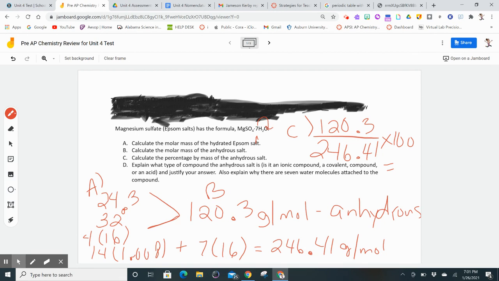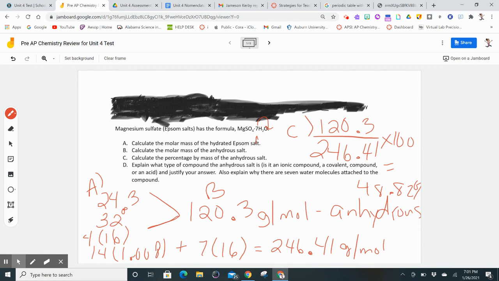Oops, not supposed to add those two together. Sorry, you're supposed to divide those two. Times 100 to make it a percentage gives me 48.82%. Okay, that's C.